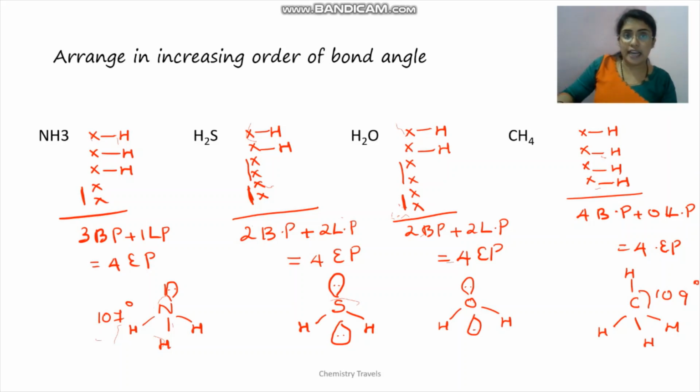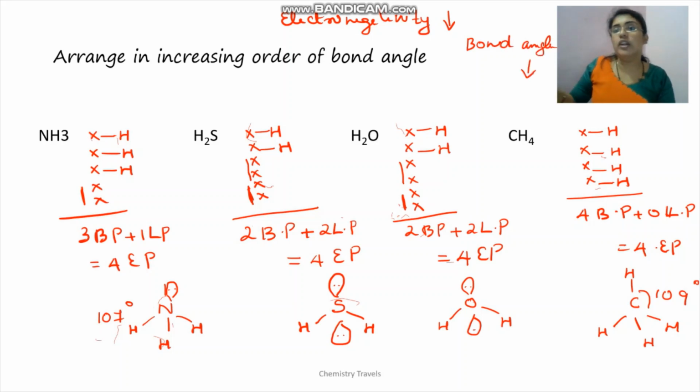So I can say that as the electronegativity of the central atom decreases, the bond angle would decrease.